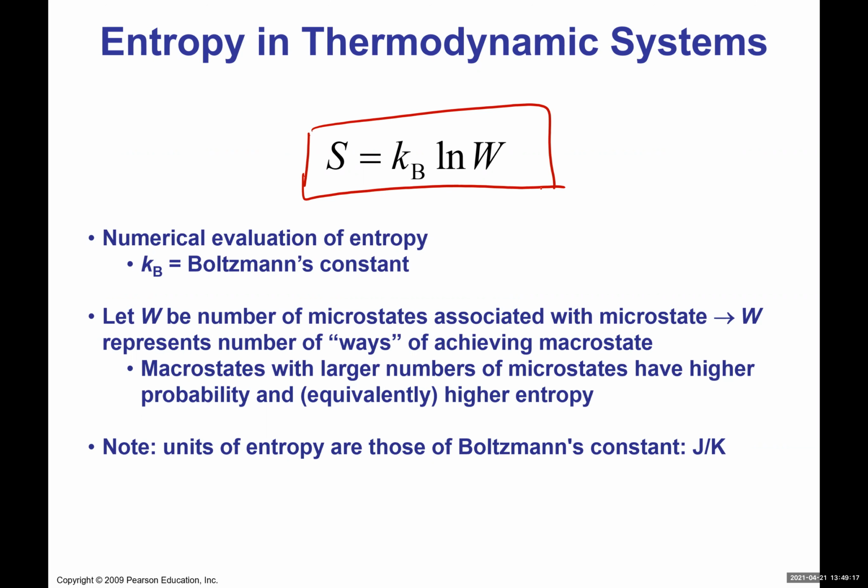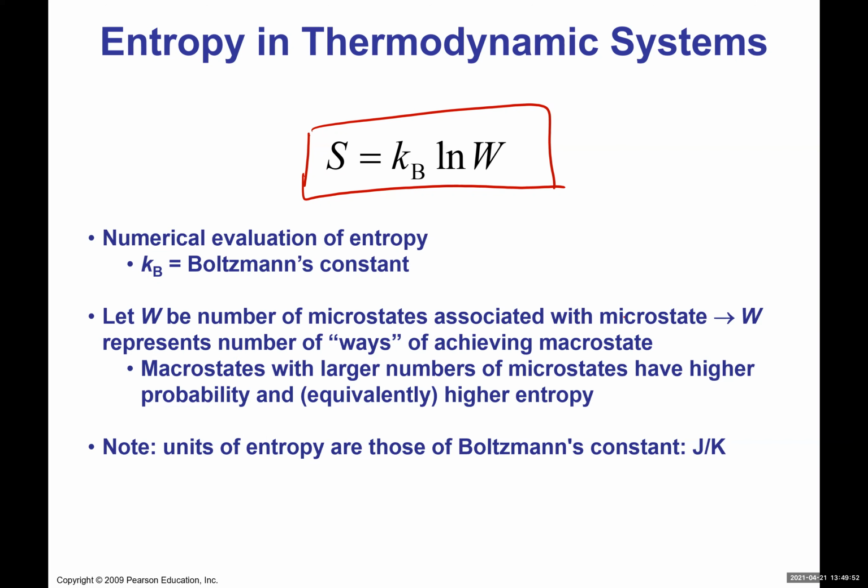All right, so here's an equation that we can use to calculate the entropy. This is the numerical evaluation of entropy, where k_B is the Boltzmann constant and W is the number of microstates associated with the macrostate. W represents the number of ways of achieving the macrostate. So macrostates with a larger number of microstates have a higher probability. For example, macrostate 4 has a higher probability than macrostate 2, 3 times more probability.